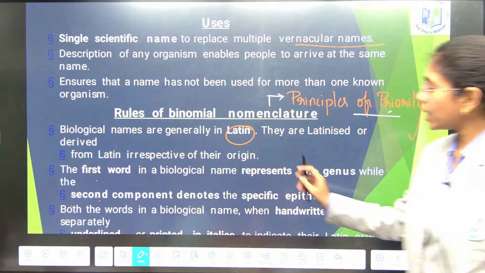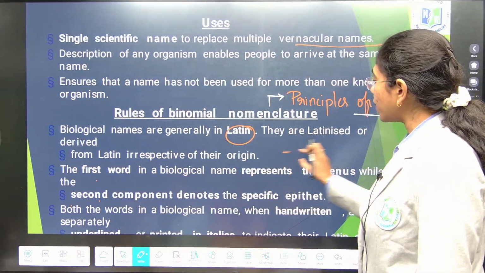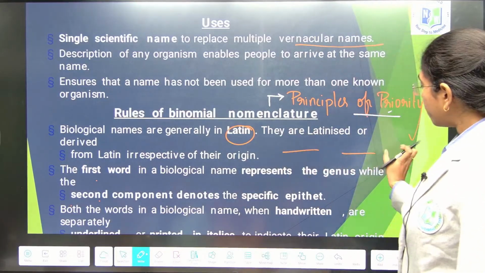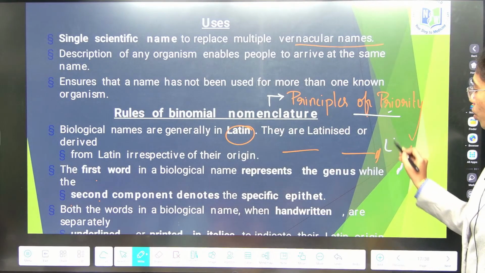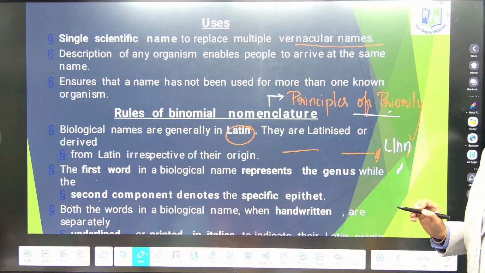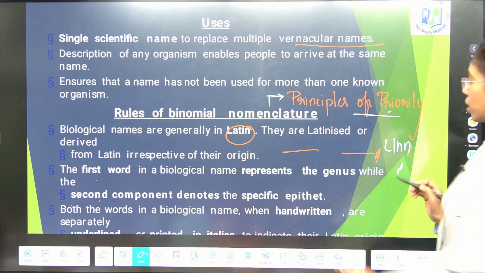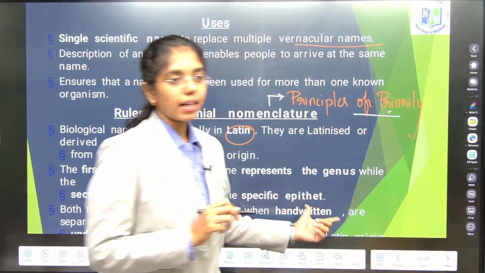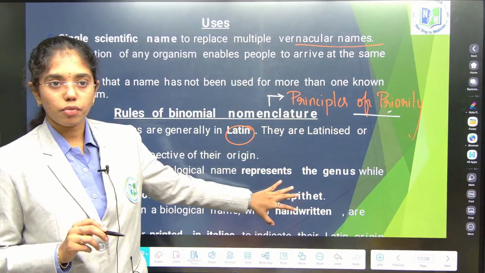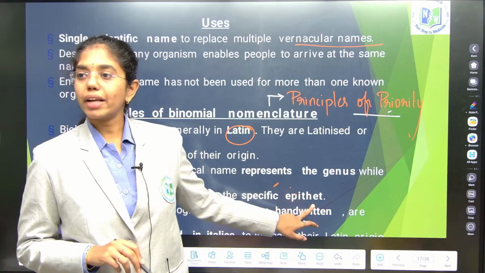And when you are writing it, genus and species should be underlined separately, and beside that, the name of the scientist who has proposed it should be written in Roman, abbreviated form. Okay, like this. When four options are given with four different styles, you will get confused.